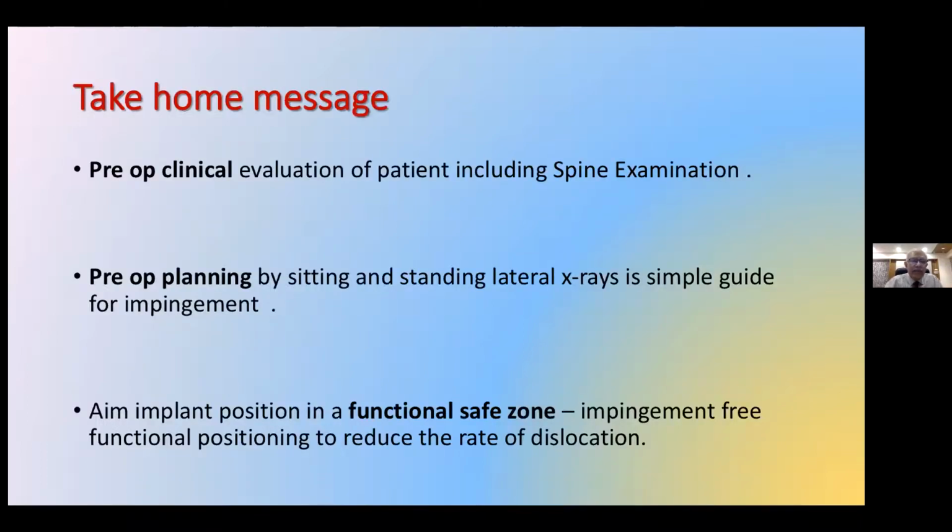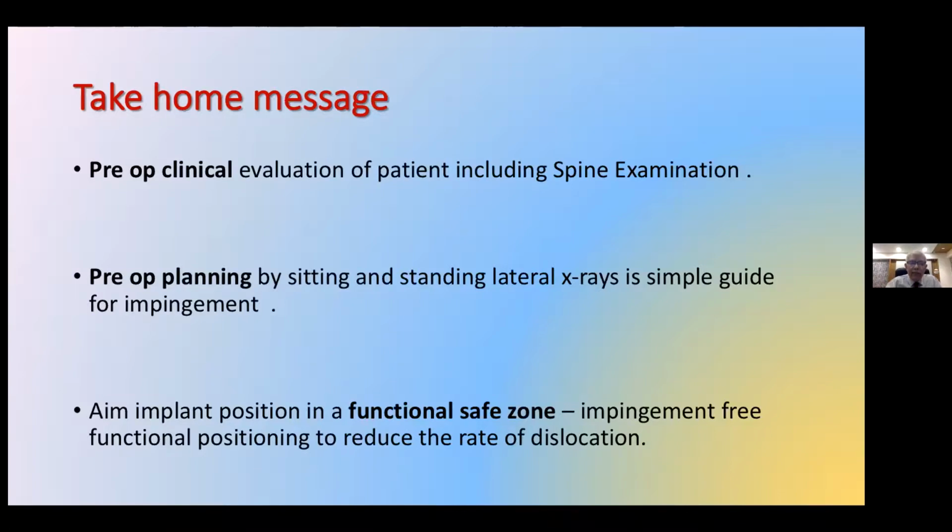The take-home message is the pre-op clinical evaluation of the patient, including spine examination, is very important. And in those cases selected where you have some problem, dysplastic hip, other problems, do the sitting and standing lateral X-rays. It's a simple guide and you can get good measurements and understand how to position the components.